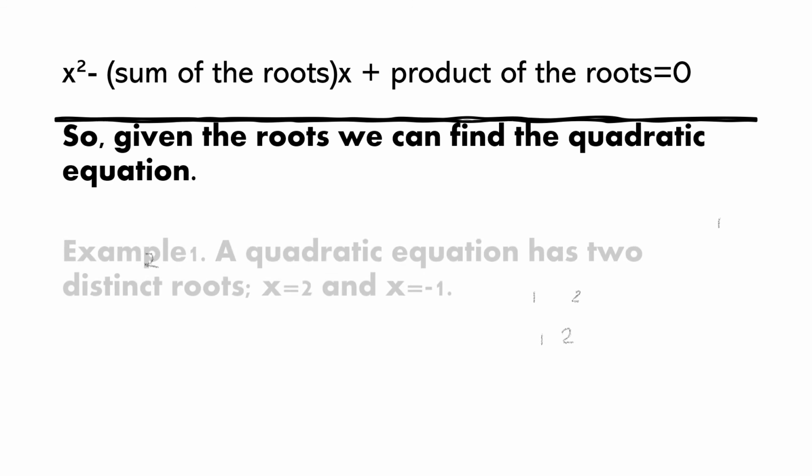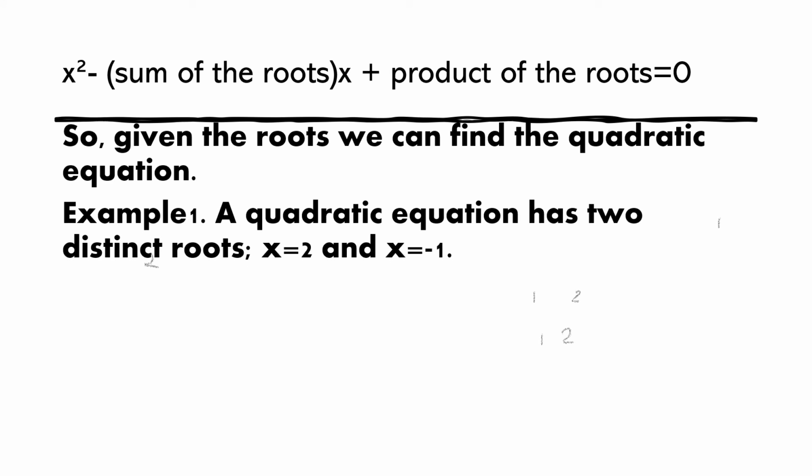Okay, so next. Ayan, tingnan natin kung makuha natin yung quadratic equation. Another one. A quadratic equation has two distinct roots. Yung isang root ay x is equal to 2. Yung isa naman ay x is equal to negative 1. So, ito yung x sub 1 natin. Ito naman yung x sub 2 natin. So, given ngayon yung roots, makukuha natin yung quadratic equation.